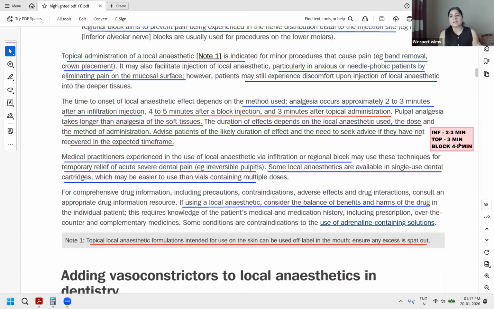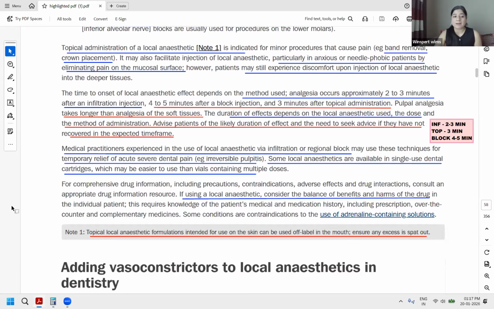Then your topical will take 3 minutes and the block will take 4 to 5 minutes. This should be the waiting period before the onset begins. The duration, how long the anesthesia is going to last, will depend upon what LA agent you have used, what dose was administered, and what the method of administration was, right?